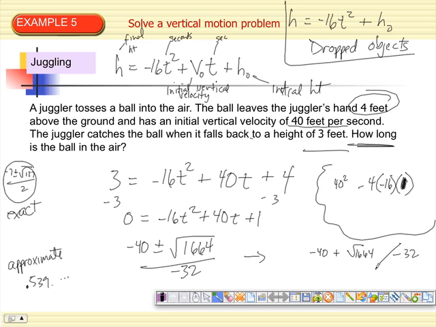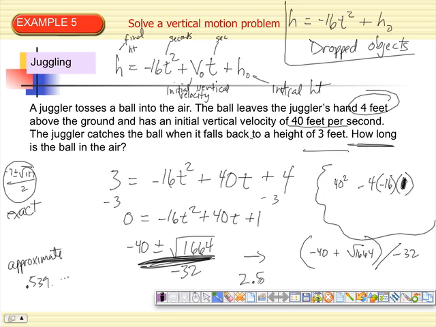What's wrong with this picture? You're only dividing this by this. You're supposed to divide everything by this. So either you put parentheses and then hit enter, or what I do sometimes is just do the top, hit enter, and then hit divide by negative 32, hit enter again, and I get the right answer. Your choice.